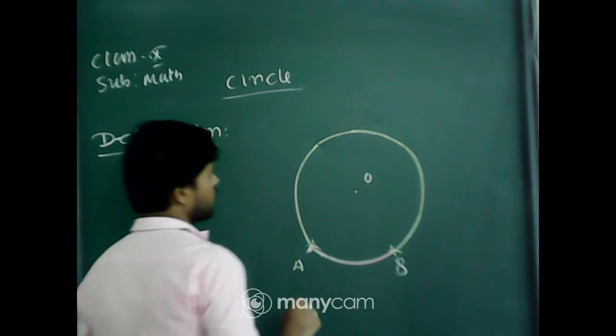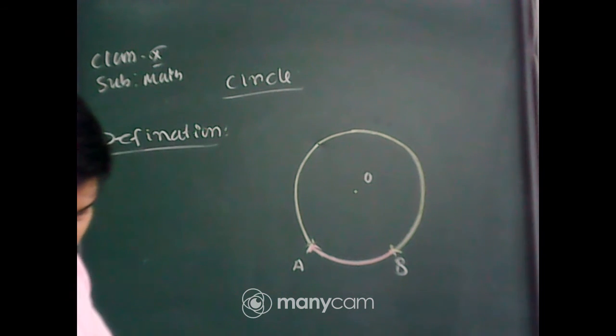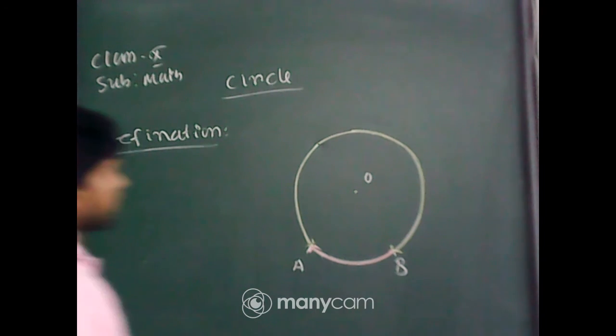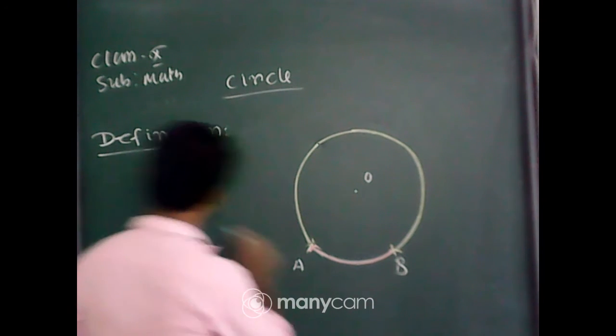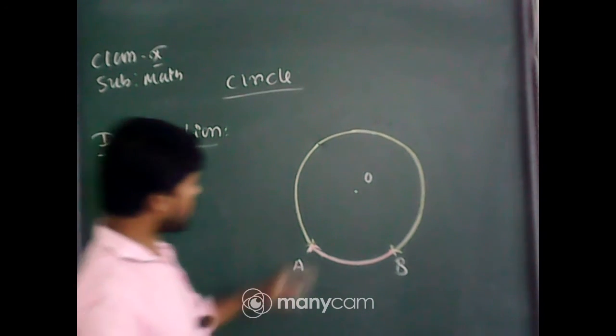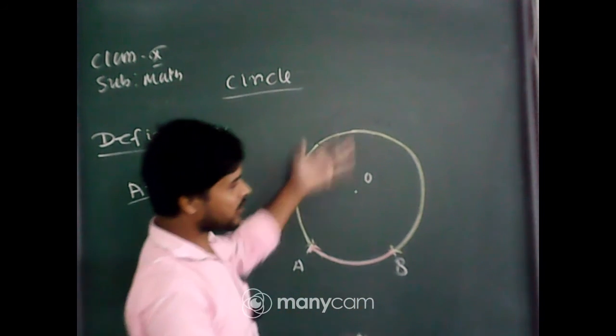Okay, so what is the part of the circumference called? Yes, this is called an arc. Now from the diagram you can see the length of one arc is smaller than the other arc.